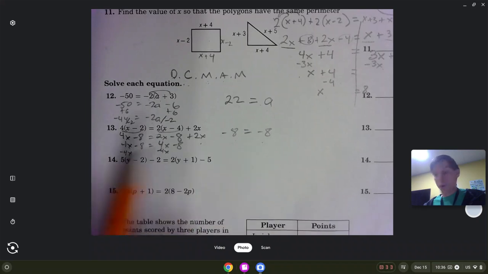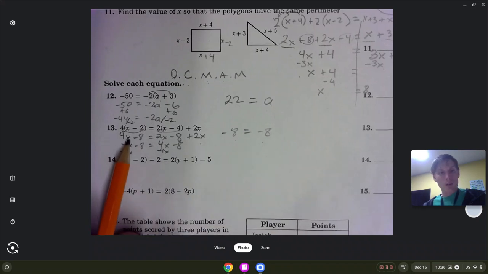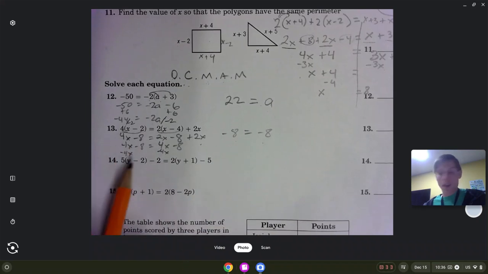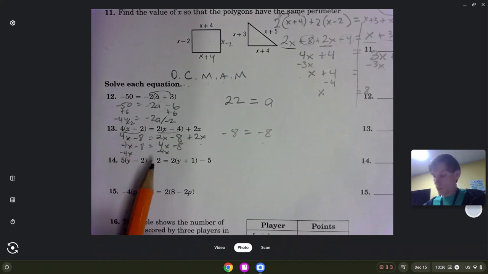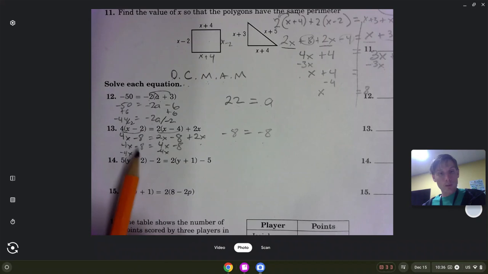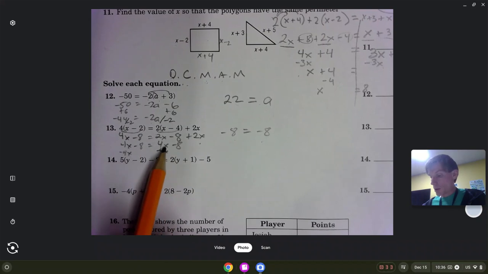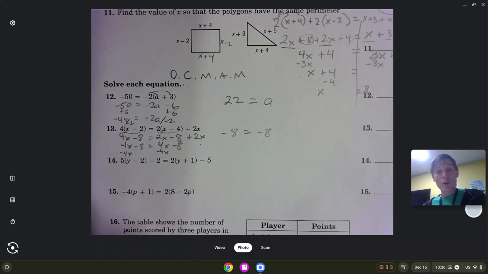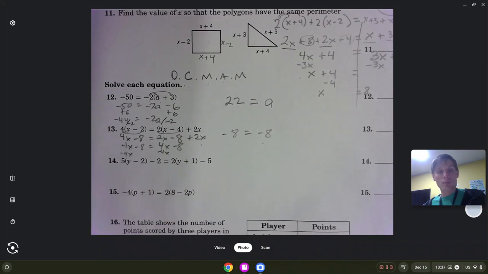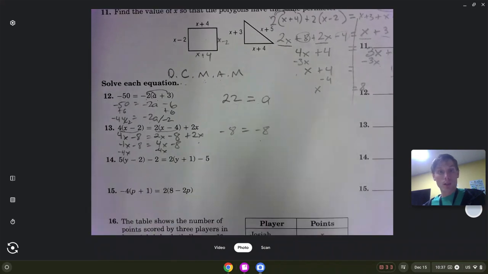That means no matter what number I make for x, if I make it a 0, it's negative 8 equals negative 8. If I make it a 1, 4 times 1 is 4. 4 minus 8 is negative 4. 4 times 1 is 4. Minus 8, negative 4. It doesn't matter what number we put in, we're going to get the same answer.